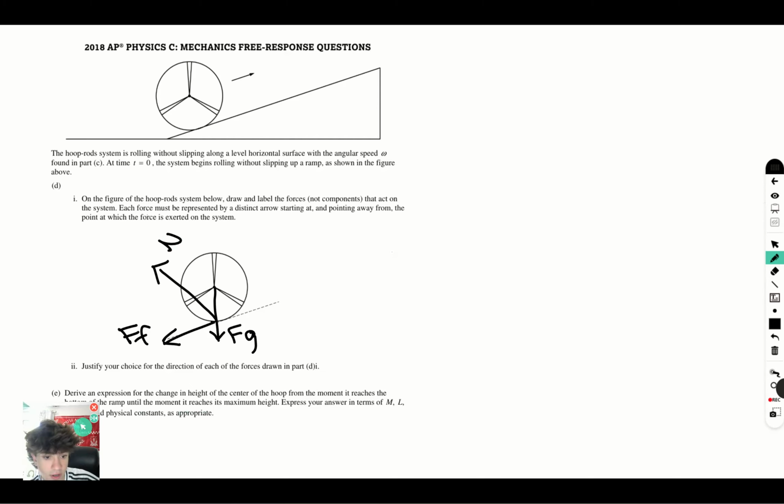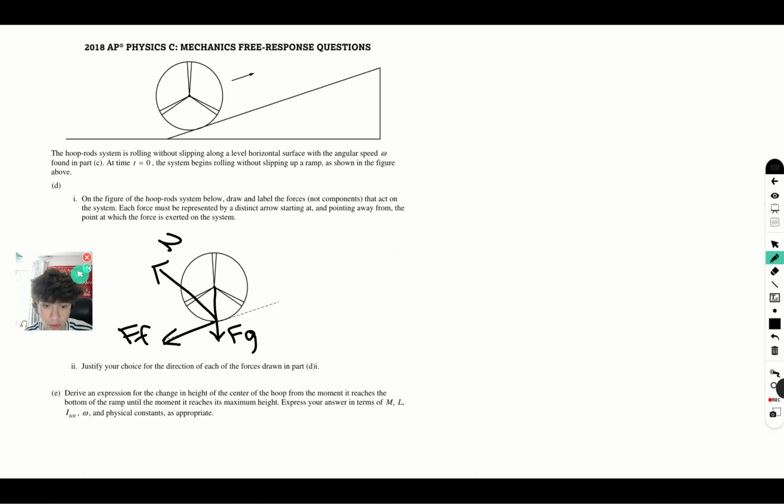And the last part is asking us to derive an expression for the change of height of the center of the hoop from the moment it reaches the bottom of the ramp until the moment it reaches its maximum height. Alright guys, so in order to do so, we're going to apply our knowledge of energy.